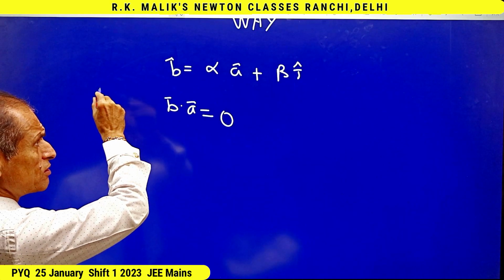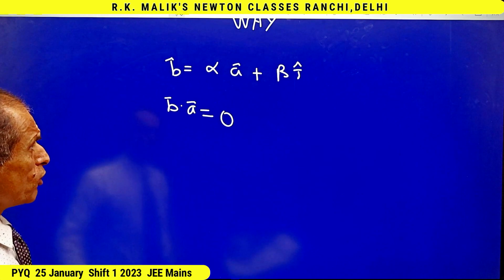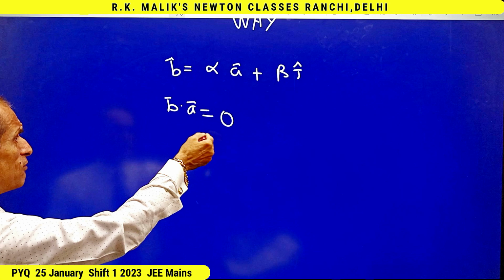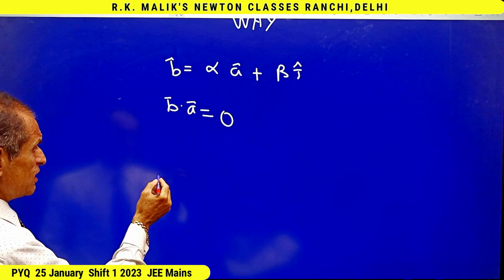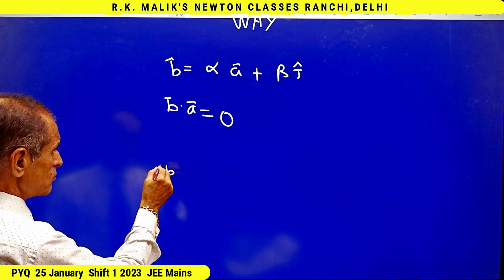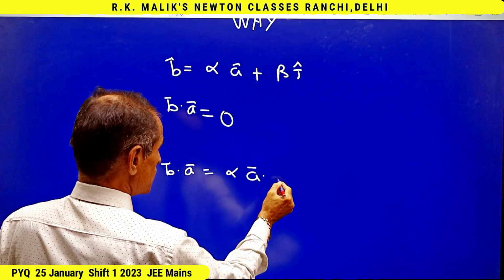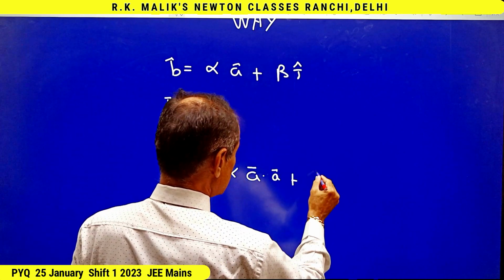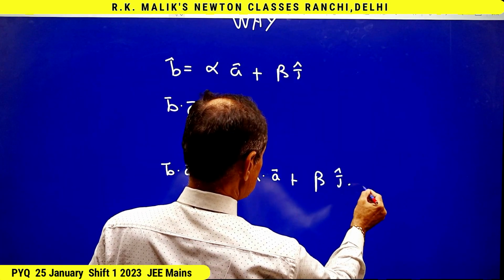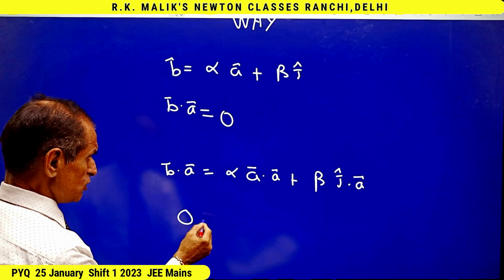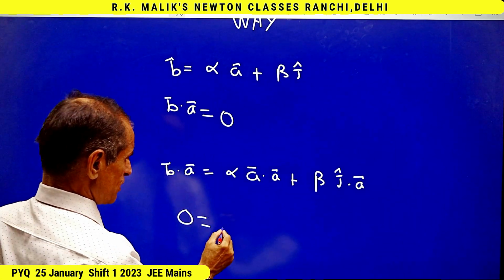And now I take the dot product with A vector on both sides of this equation, and I will be getting B dot A equal to alpha A dot A plus beta j dot A. B dot A is 0 according to this condition.